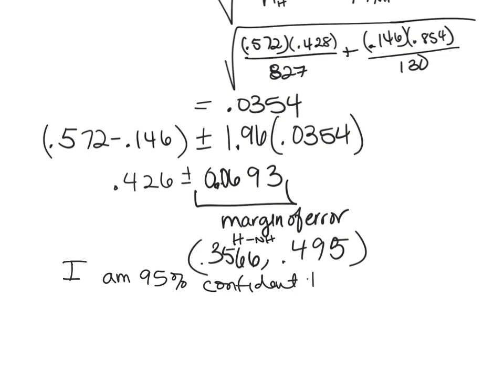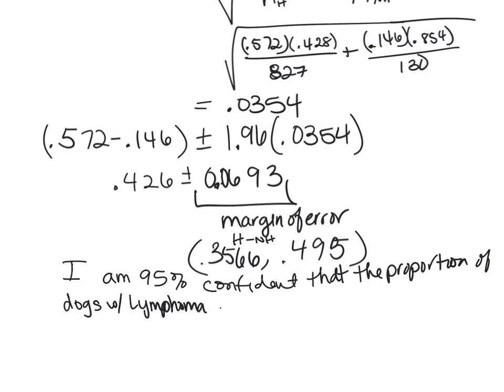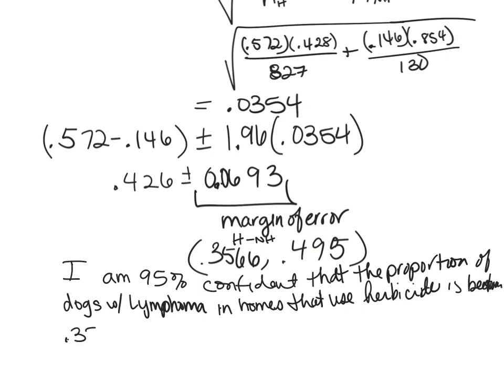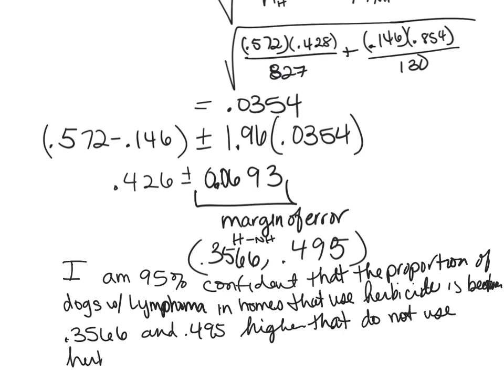So I'm 95% confident that the proportion of dogs with lymphoma in homes that use herbicide is between, we're going to pretend I just wrote between there, 0.3566 and 0.495 higher than homes that do not use it. And that's our interpretation.